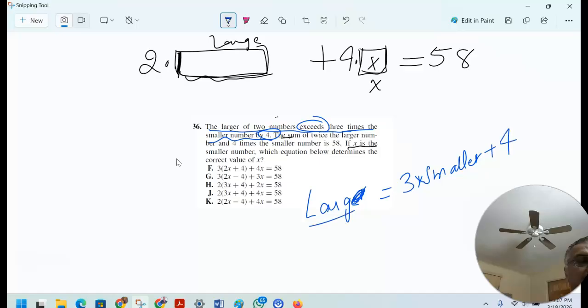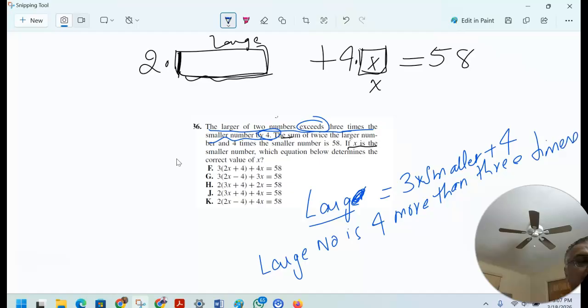So in other words, another way to write the English words could be: the large number is 4 more than 3 times the smaller number. That would be an easier way to understand it.